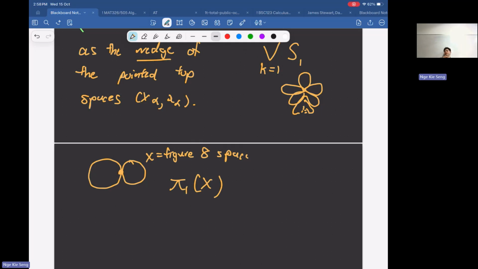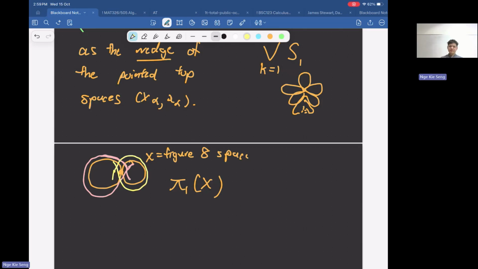To use the Van Kampen theorem, you need to find some useful open cover first. So let's say we choose this open cover. One is going like that, going a bit away, and the other one will cover the other circle, intersecting a little bit.